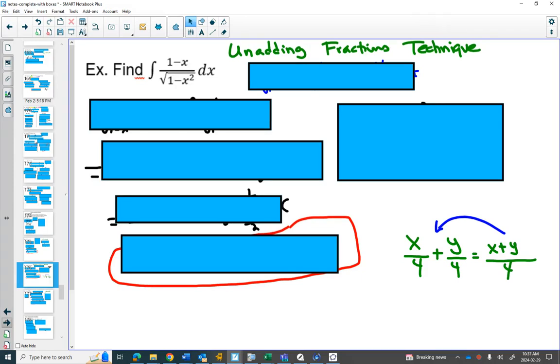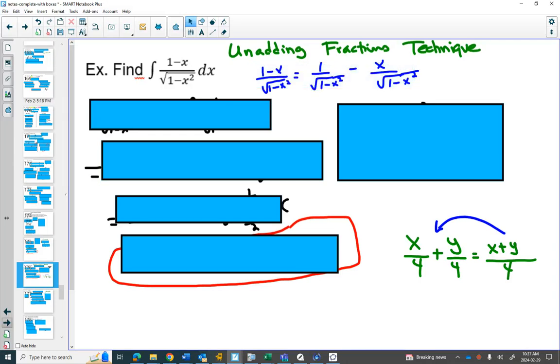Unadding fractions technique says, let us rewrite 1 minus x over the square root of 1 minus x squared as two separate fractions. Because when you integrate things that are separated by adding and subtracting, you can integrate them separately. And if we unadd those fractions, the first one is beautiful.